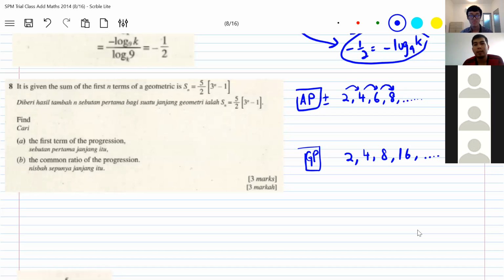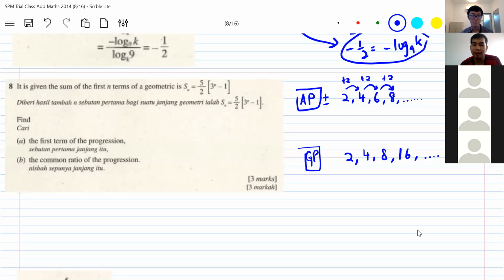In this case, it's plus 2, plus 2, and plus 2. And it's only called an arithmetic progression if the difference between numbers that are next to each other is constant. If it's plus 2, plus 3, plus 4, then it's not considered a progression.